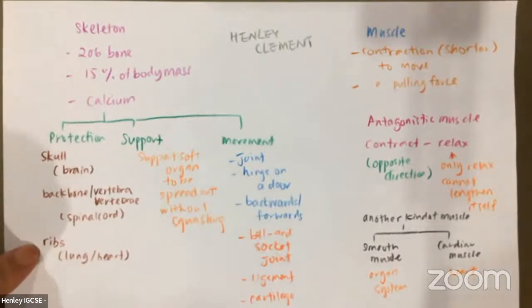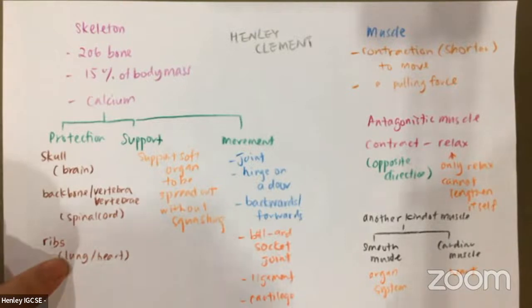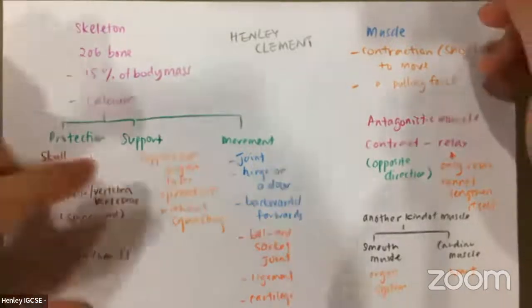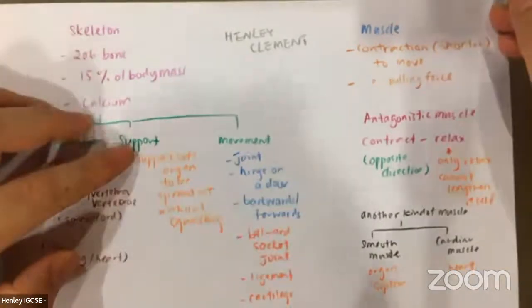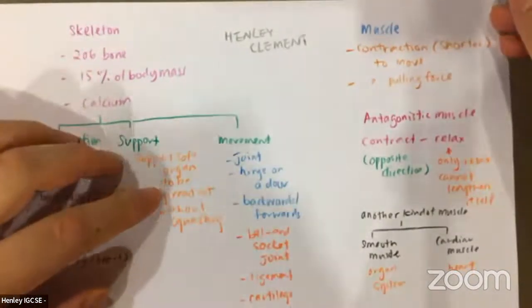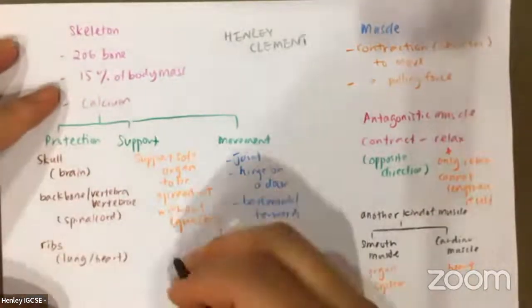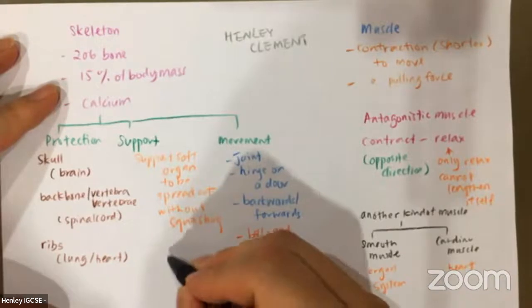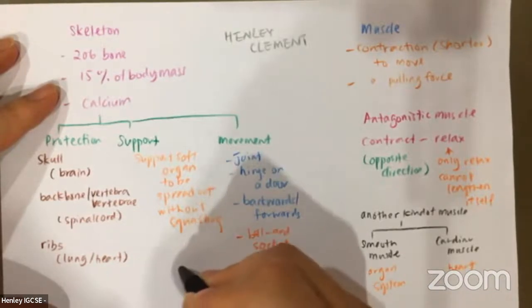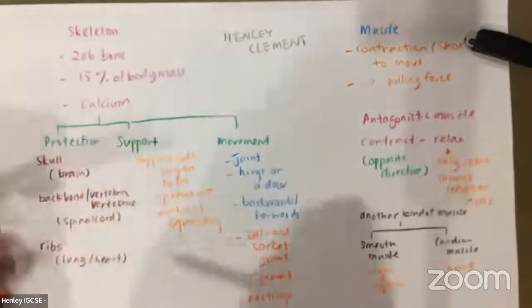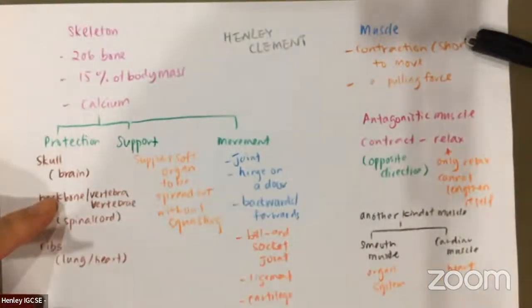Ribs will protect our inner organs, lung and heart. Next, the skeleton also supports our soft organs so they can spread out without squashing. Means what? If without the bone, all the organs will look like this. Let me draw for you. This is the small intestine.